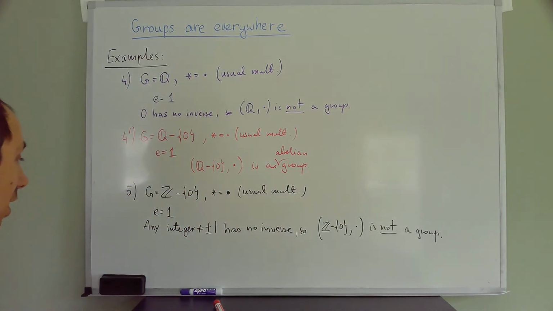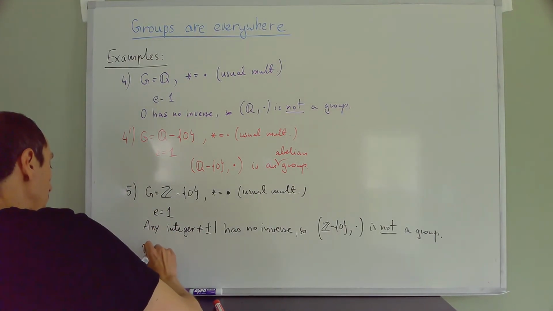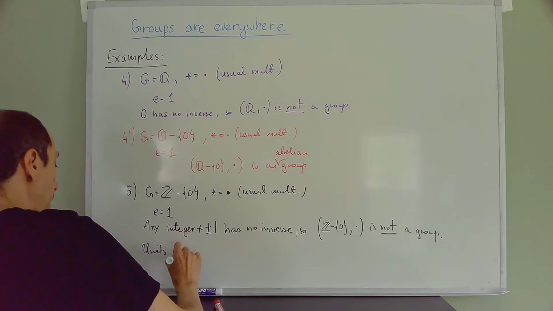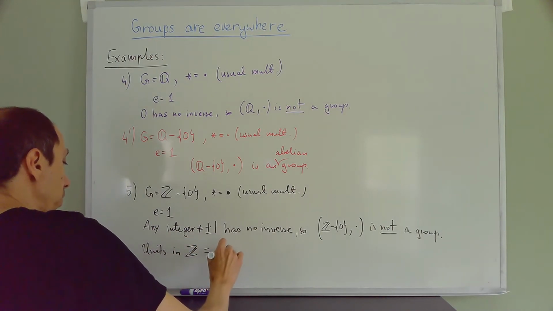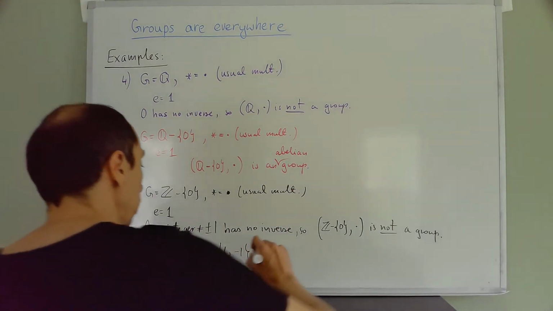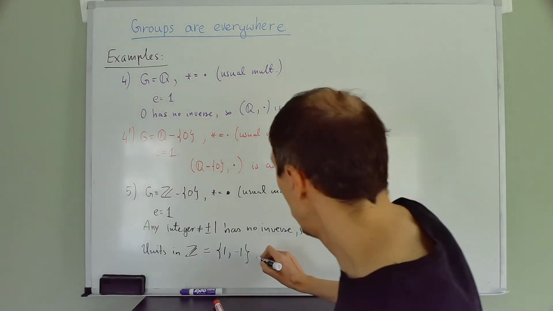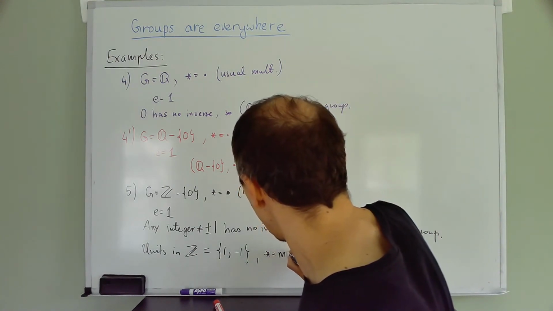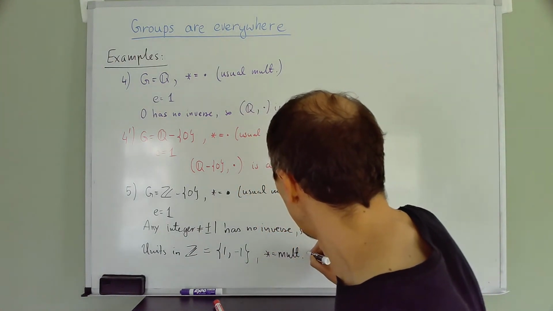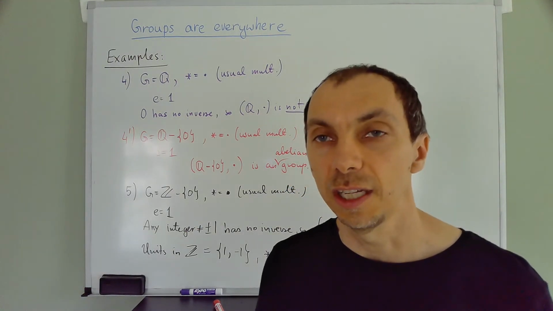So what are the units in Z? The units in Z are just plus and minus 1. Is this a group? If the star here is the usual multiplication in Z, is there the identity?